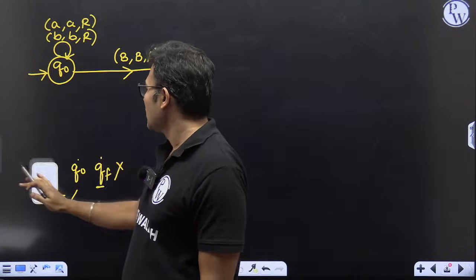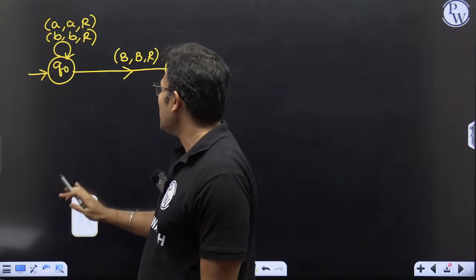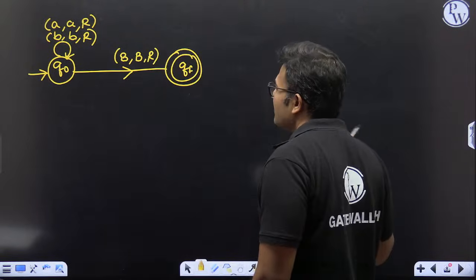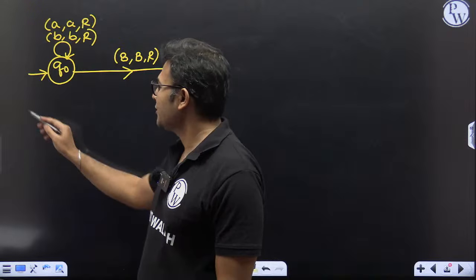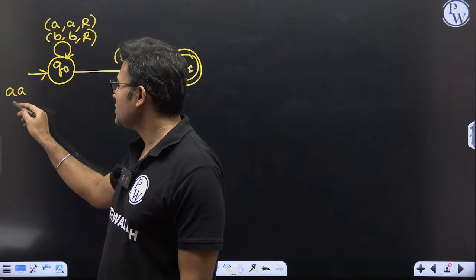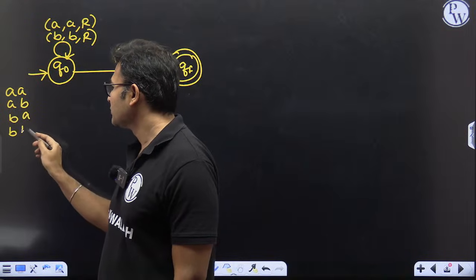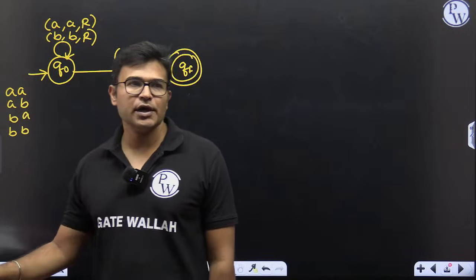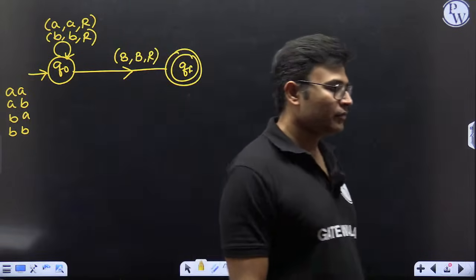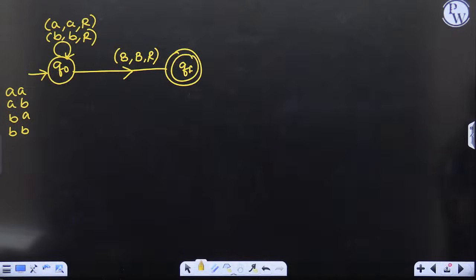Okay. Now you check for AA, AB, BA, BB. Right?